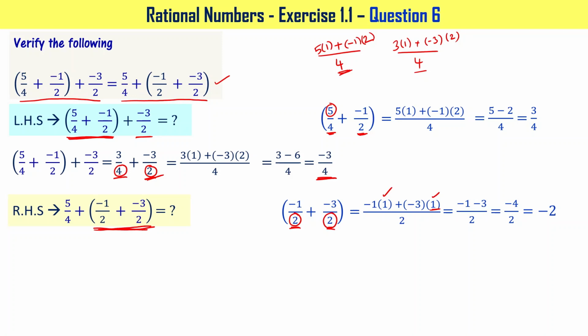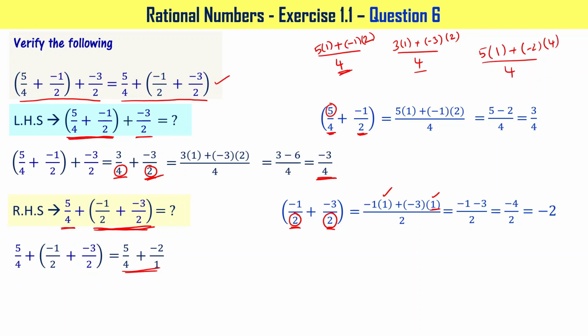Now we have to add minus 2 to 5 by 4 to get the value of RHS. 5 by 4 plus minus 2 can be written as 5 by 4 plus minus 2 by 1. So here the LCM is 4. 4 divided by 4 is 1, that's why we have written 1 here, plus minus 2 times 4 divided by 1, that is 4.